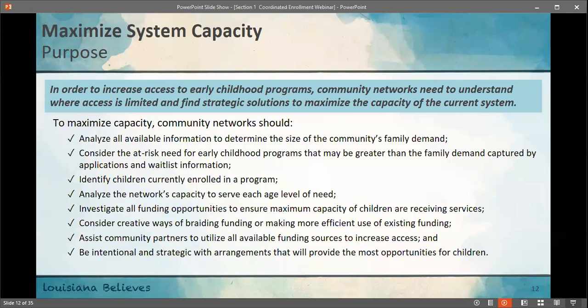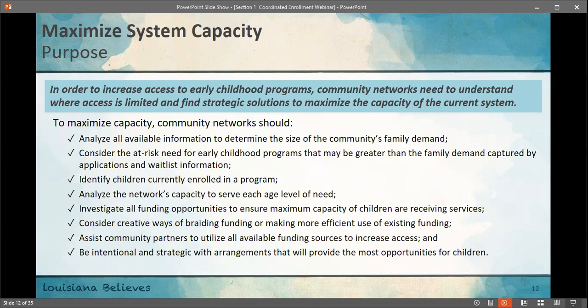What is maximize system capacity? It means to increase access for our children in the state in the early childhood programs. For us to do that, our community networks really need to understand where the access is limited in your community, and then think strategically to find solutions that will maximize the capacity in the current systems already in place.